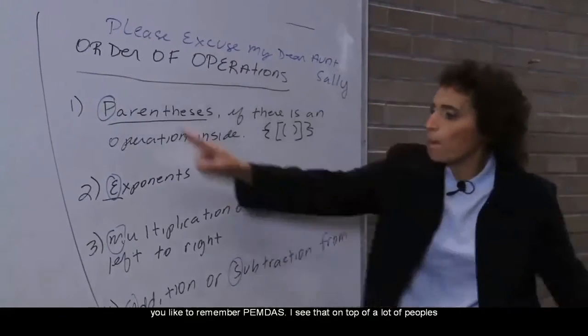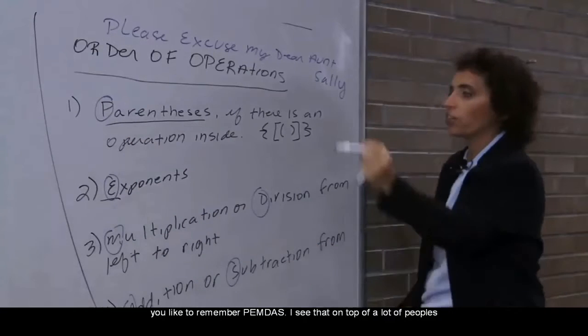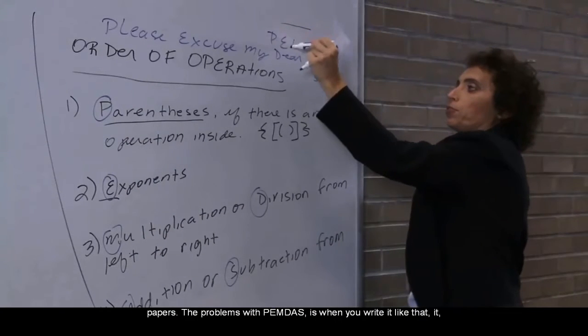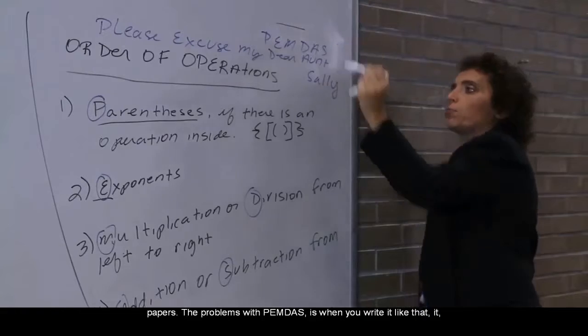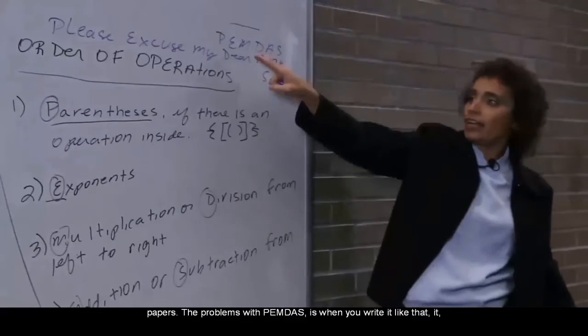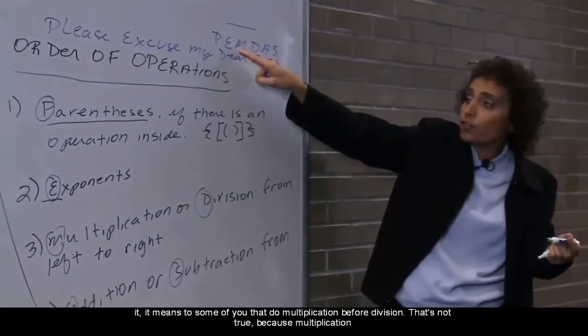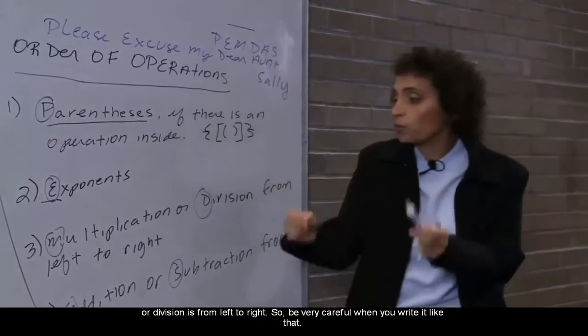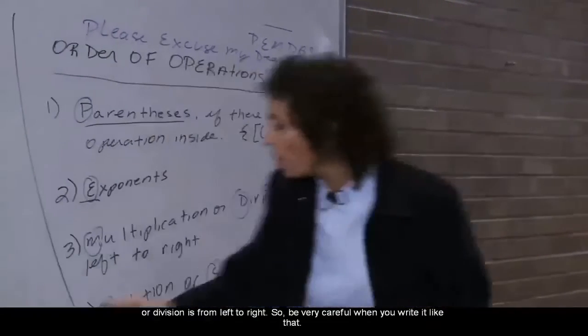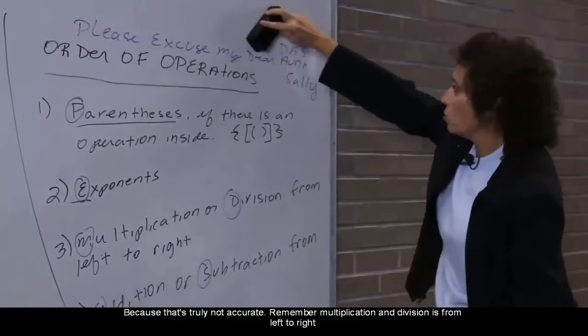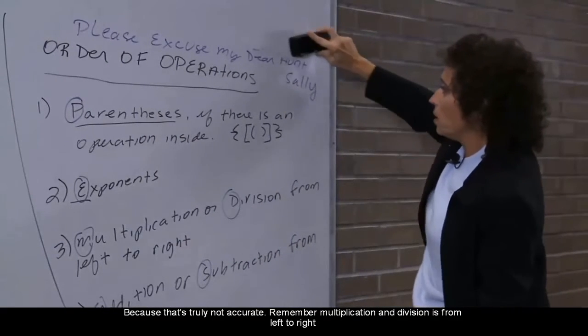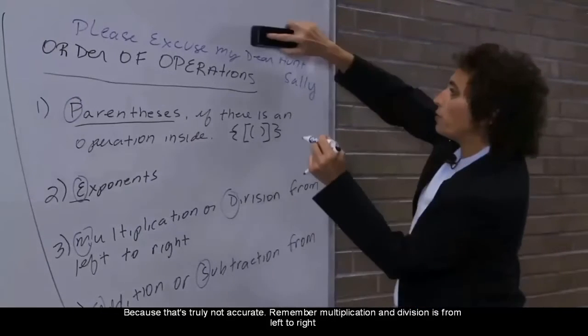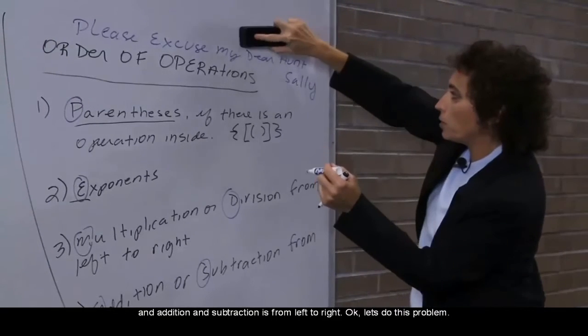You like to remember PEMDAS, P-E-M-D-A-S. I see it on top of a lot of people's papers. The problem with PEMDAS is when you write it like that, it means to some of you that you do multiplication before division. That's not true, because multiplication or division is from left to right. So be very careful when you write it like that, because that's truly not accurate. Remember, multiplication and division is from left to right, and addition and subtraction is from left to right.